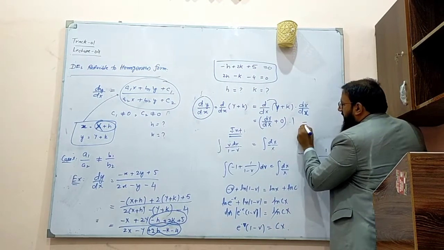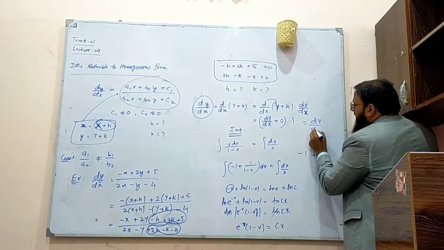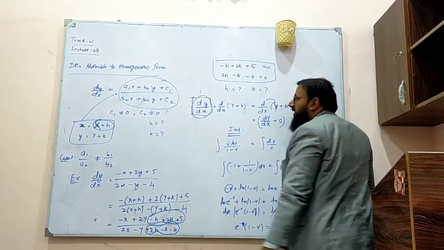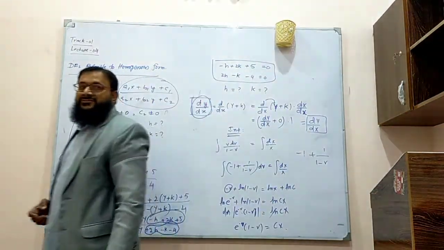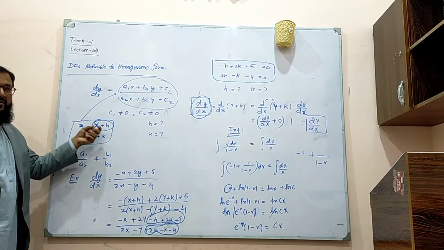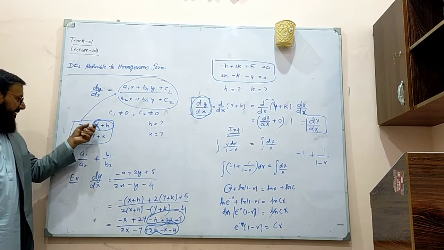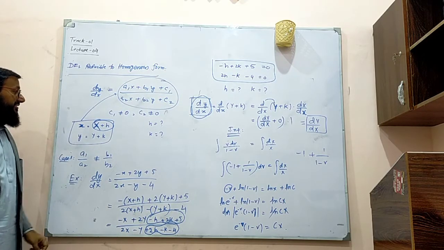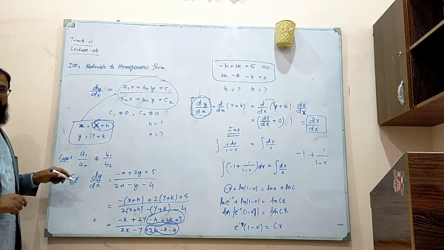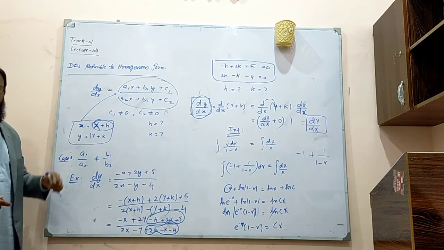So finally you got dY by dX. So these two quantities are equal. And why are they equal? Because capital X is a linear function of small x and capital Y is a linear function of small y, and their coefficients are 1. If the coefficient is other than 1, you will get some other answer.